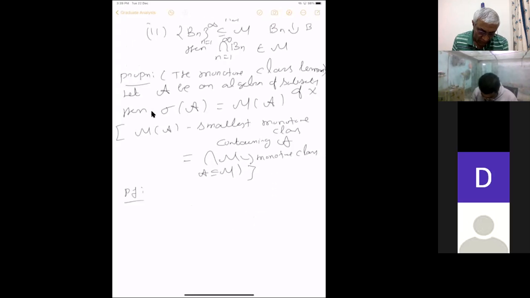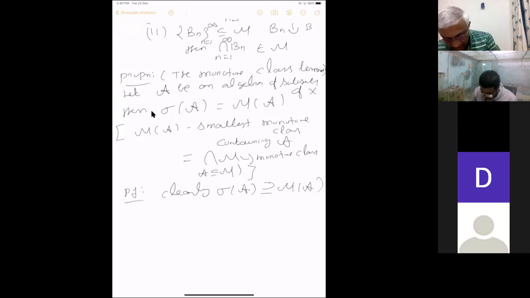So what do we have to prove? We already know that any sigma algebra is a monotone class. So a sigma algebra generated by A will contain the monotone class generated by A, because a sigma algebra itself is a monotone class.